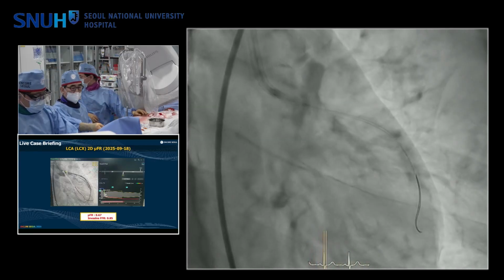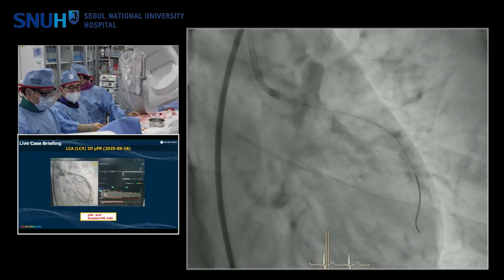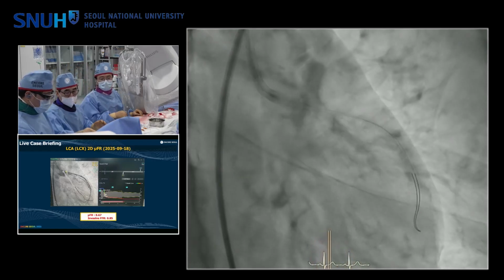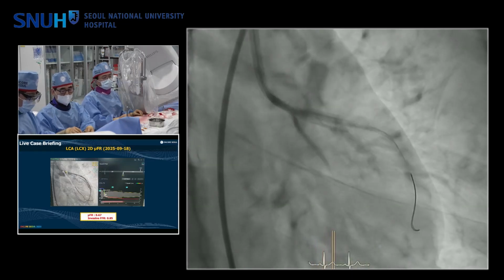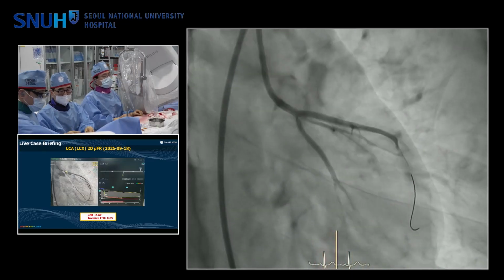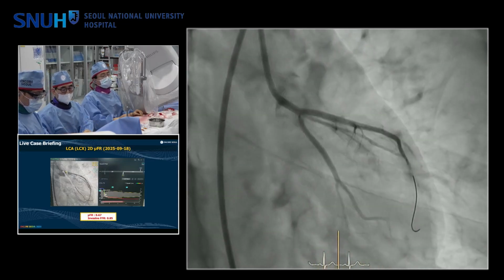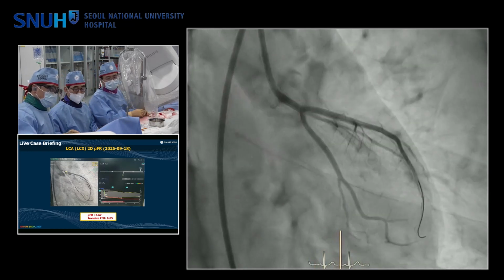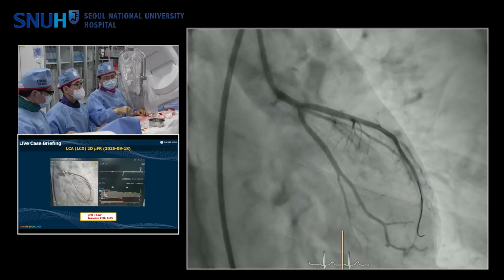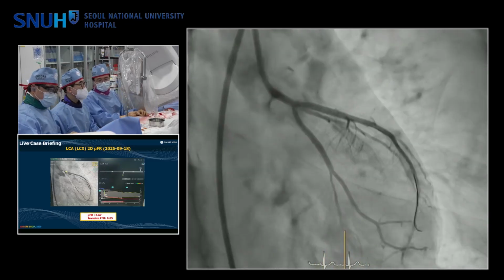So you are going to remeasure the LCX FFR? Yeah. Our team are doing every effort to show you as much information as possible.